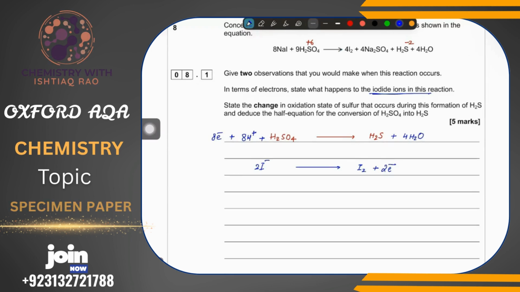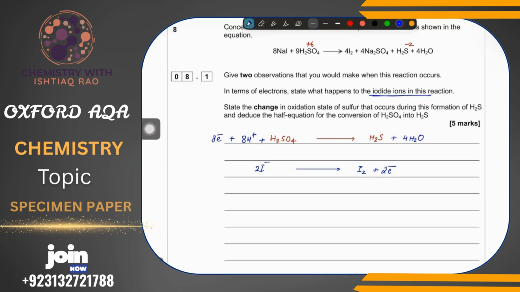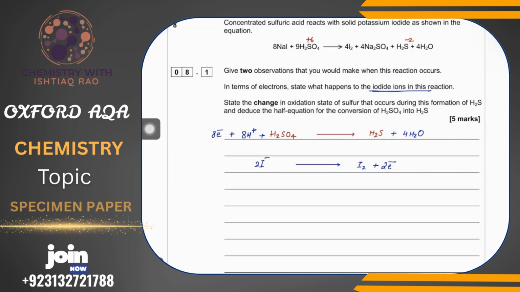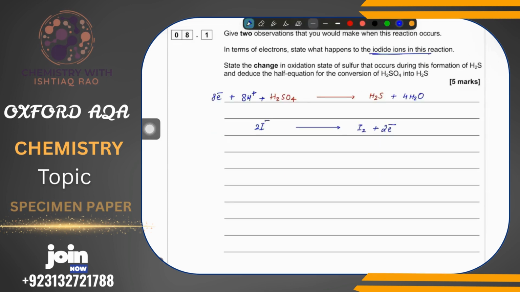And then what observations would you make when this reaction occurs? So first of all, what's the color of I2? I can see the color of iodine. It's, I think, yellow, right? Pale yellow.